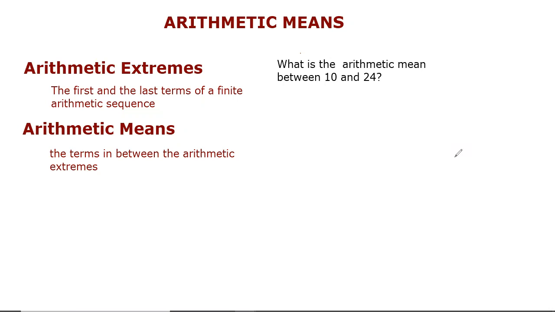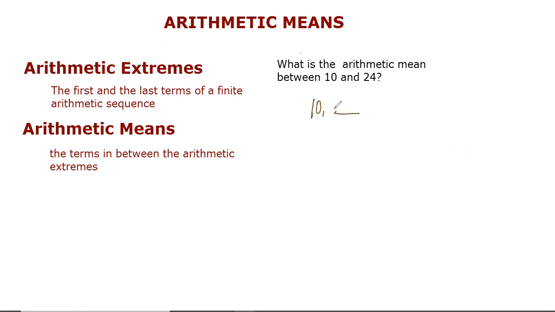First thing you need to do is to illustrate the sequence. So 10 and 24: automatically, 10 is the first term and 24 is the last term. As we write this down, we have 10.